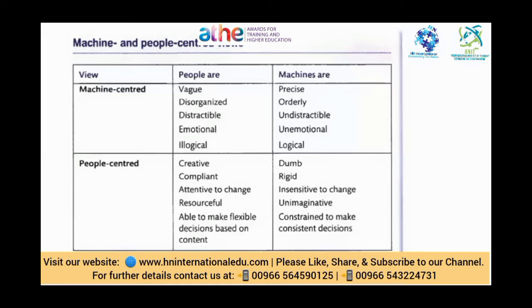It is unimaginative; it will not make imaginative decisions for you. It is constrained to make consistent decisions. Whatever your calculator has to do, it has to make the consistent decision, that is, to calculate the sums. Are you understanding, class?